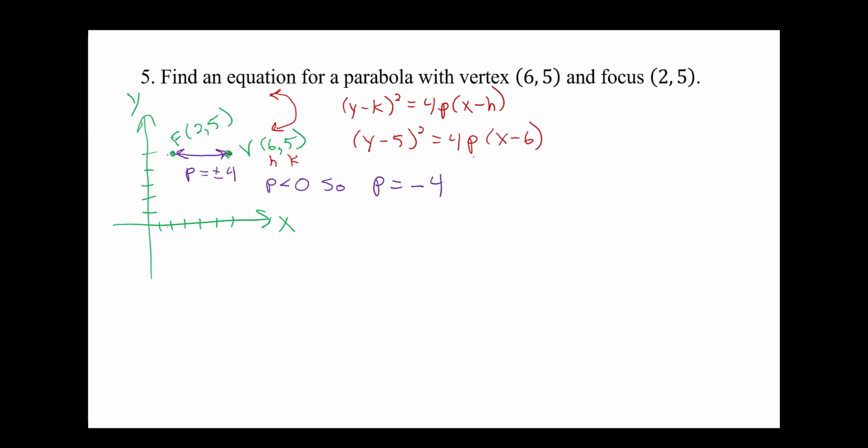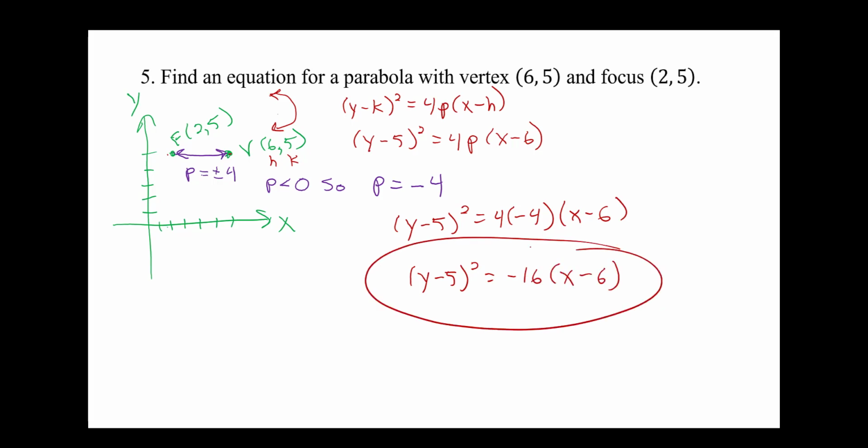Now we can continue with our formula: (y minus 5) squared equals 4 times -4 times (x minus 6). So (y minus 5) squared equals -16 times (x minus 6), and we have it. We could graph this, but I think we're good.